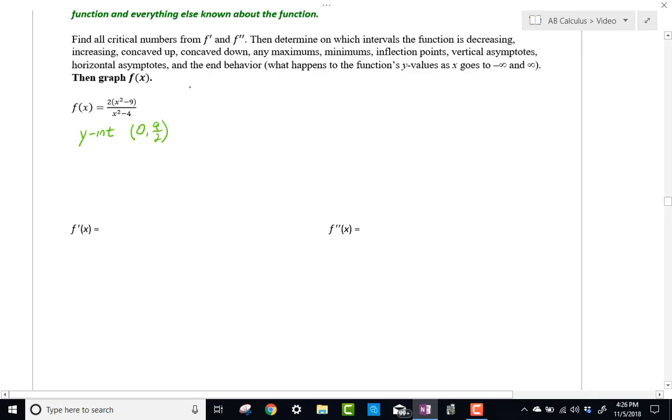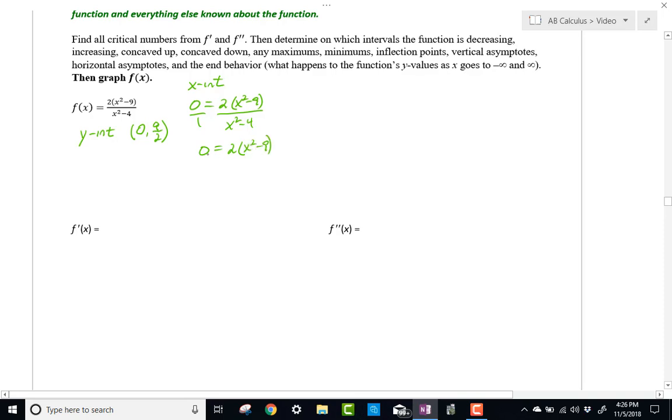An x-intercept, this one I'm going to have to do a little work here. So we plug in 0, we get 2 times x squared minus 9 all over x squared minus 4. So again, I'm going to cross multiply here. I get 0 coming across one way, and 1 times the numerator on the right side is 2 times x squared minus 9.